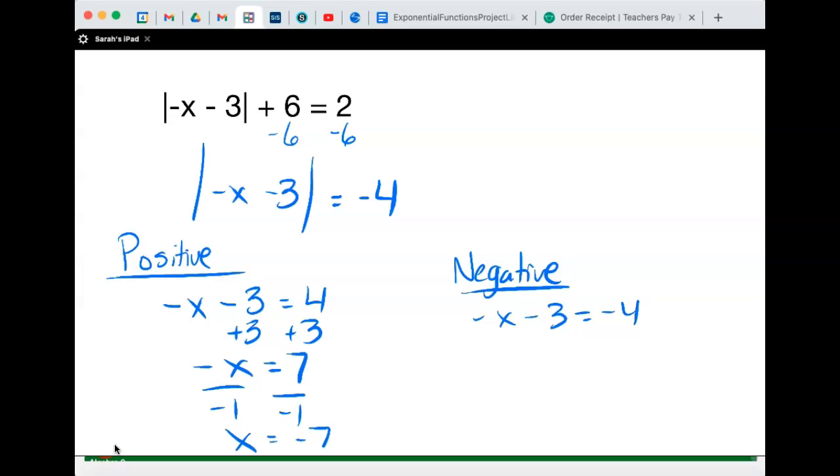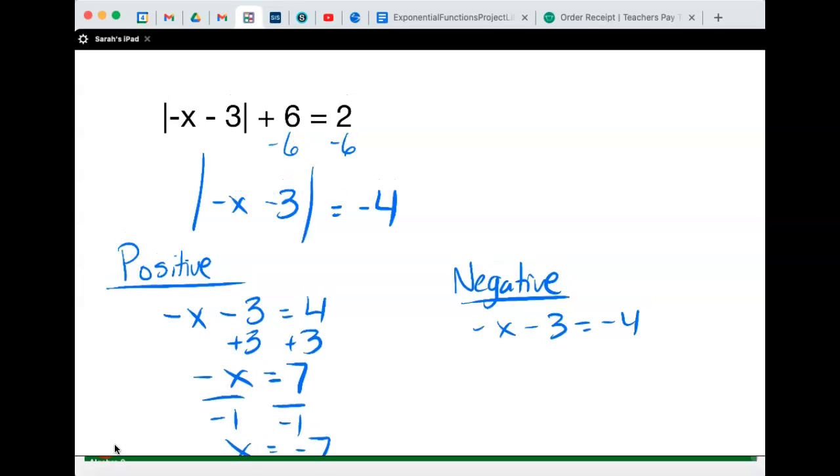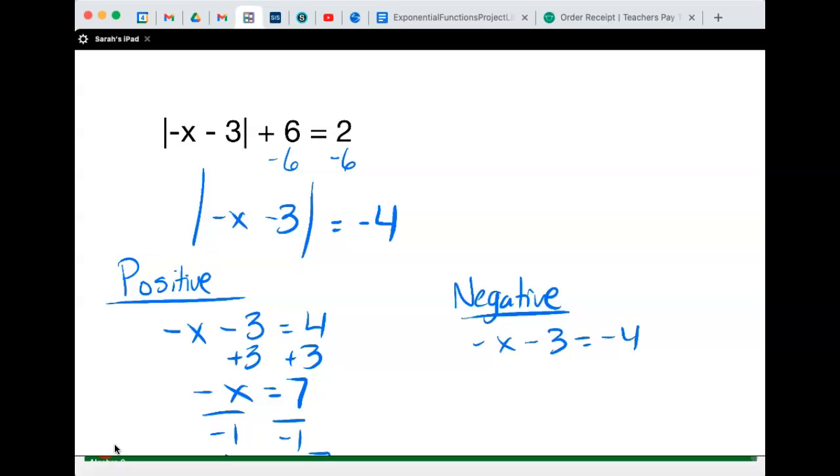So let's just check this one really quick before they do the other one. So we have negative 7, which is actually positive 7, and positive 7 minus 3 is 4. Absolute value of 4 is 4, plus 6.